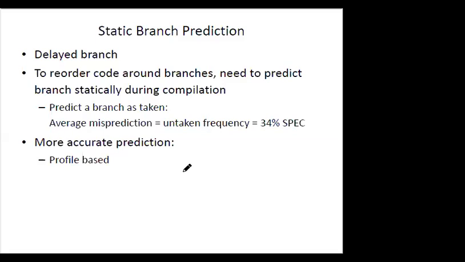So basically, it's not a real-time analysis. It cannot take decisions on a real-time basis. A static branch prediction can deal with single issues, and there is no hardware support. It is completely done by the compiler itself.